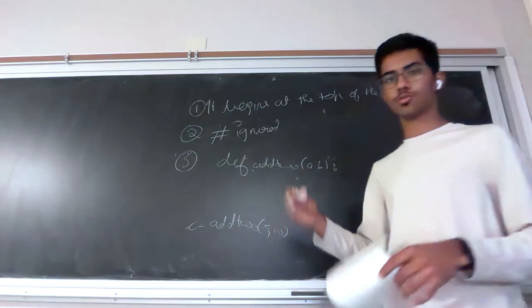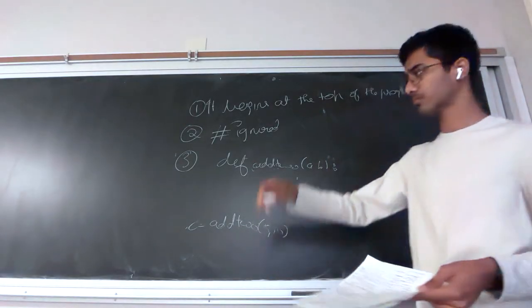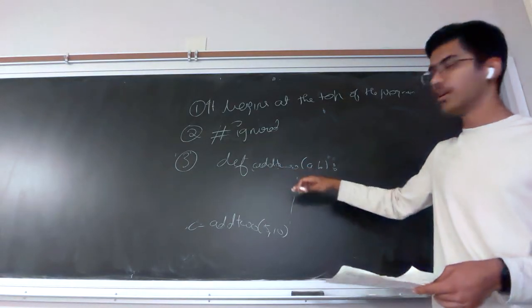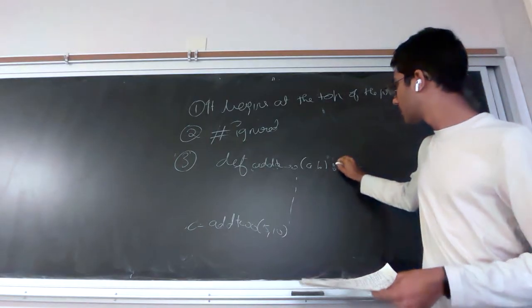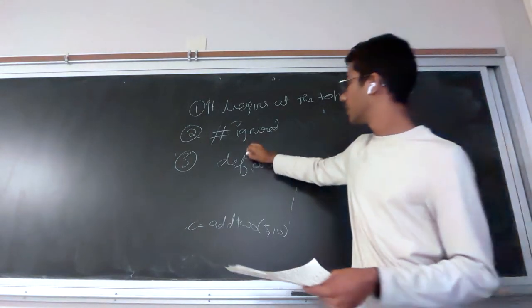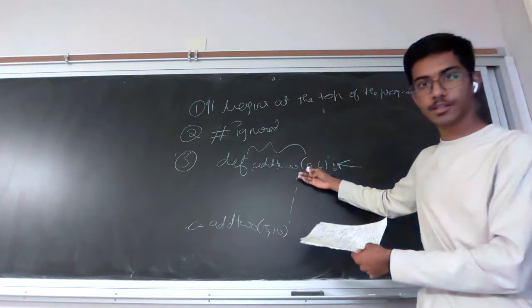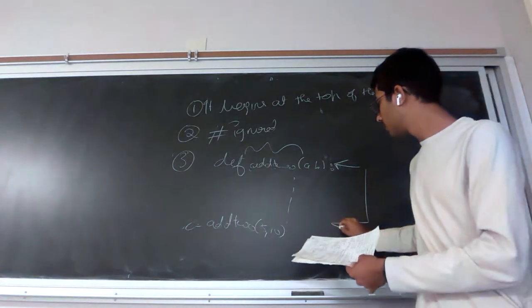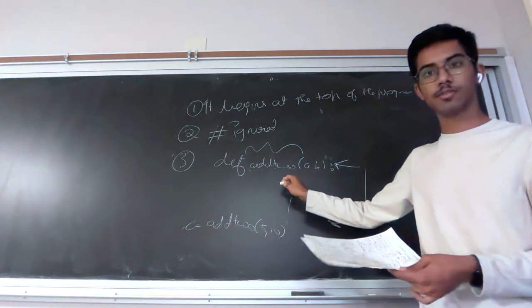I'm going to try and explain two rules of flow of execution with one. Whenever Python encounters a function header, what it does is it checks if the entire function header is valid. If it is valid, it will move directly from here to the line outside the function. It does not look at the function at all.